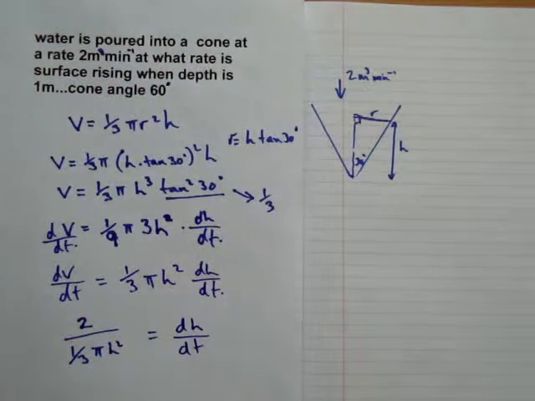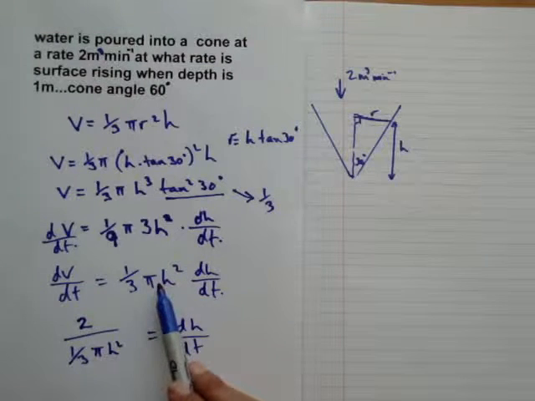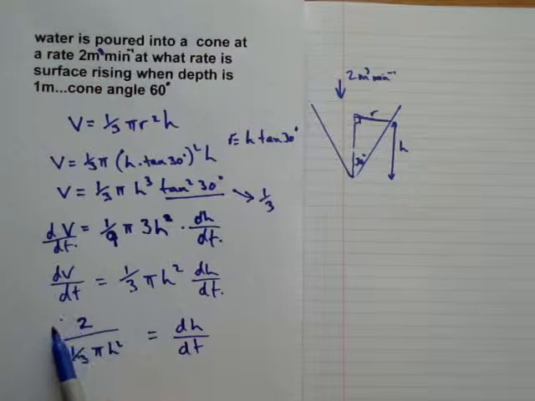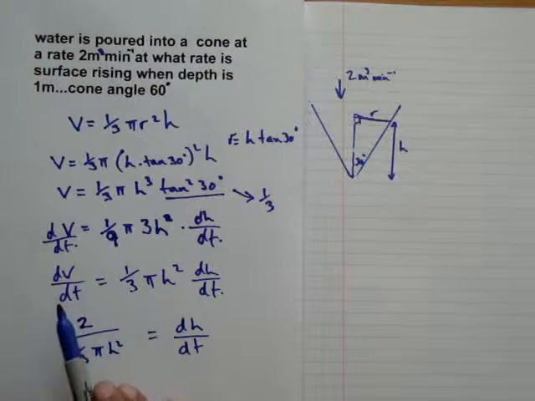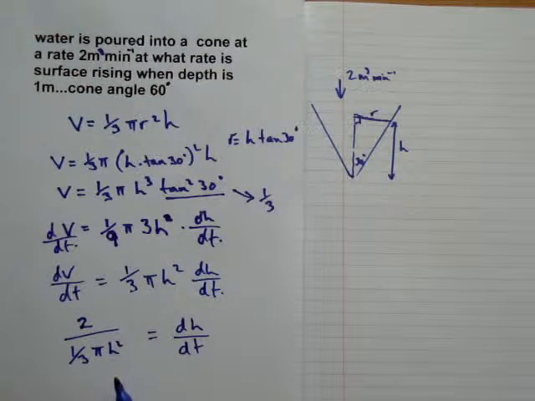Rearranging, taking the 1/3 pi h squared over to the other side, and dv by dt is 2, we get that.